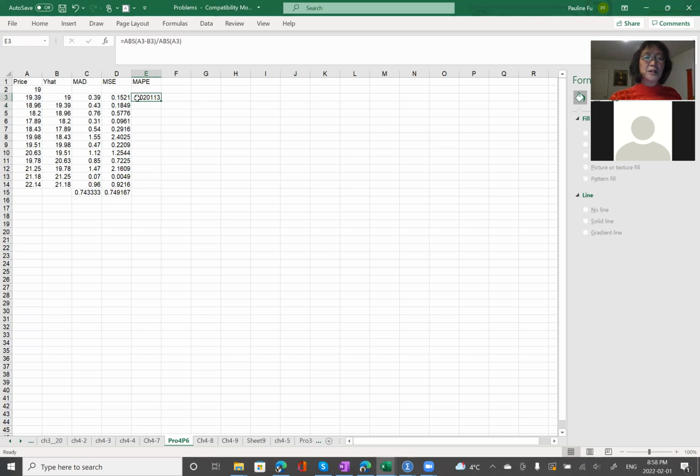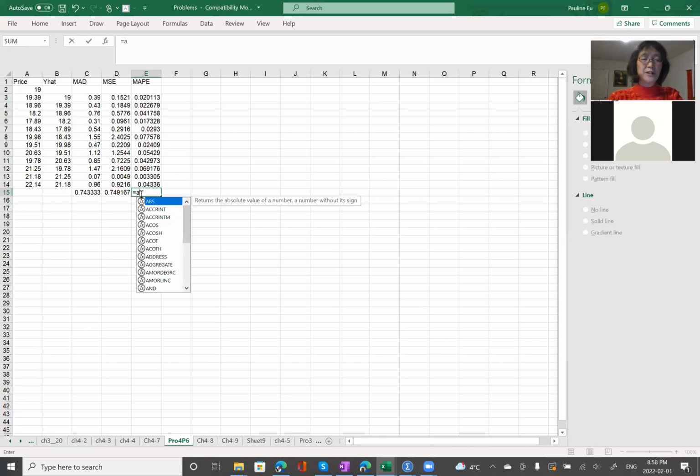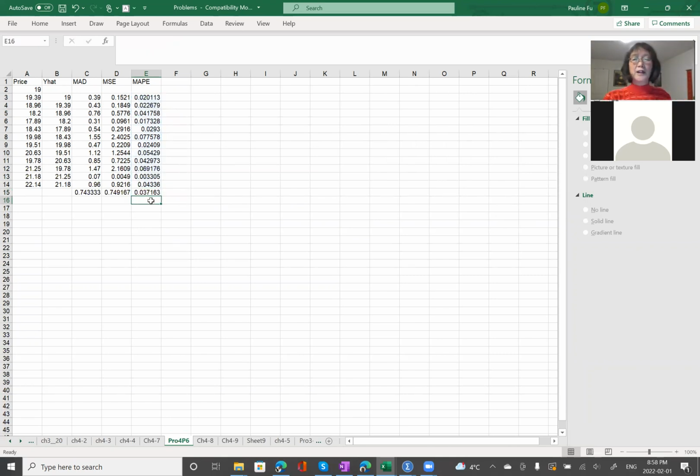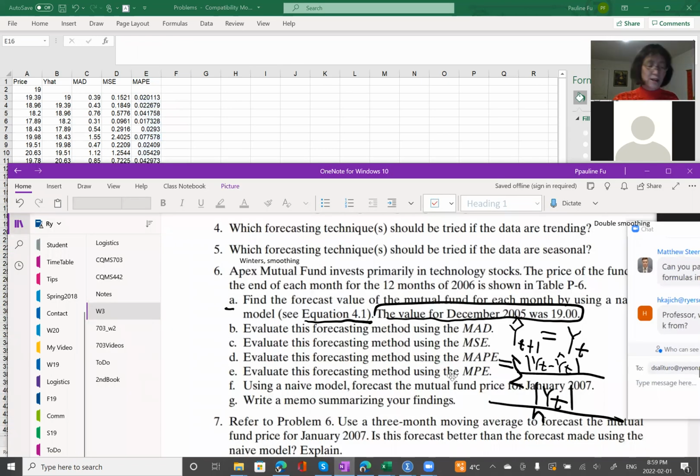And then copy down the formula. After that, take the average of the number you get. So that is MAPE. Any questions? Okay.